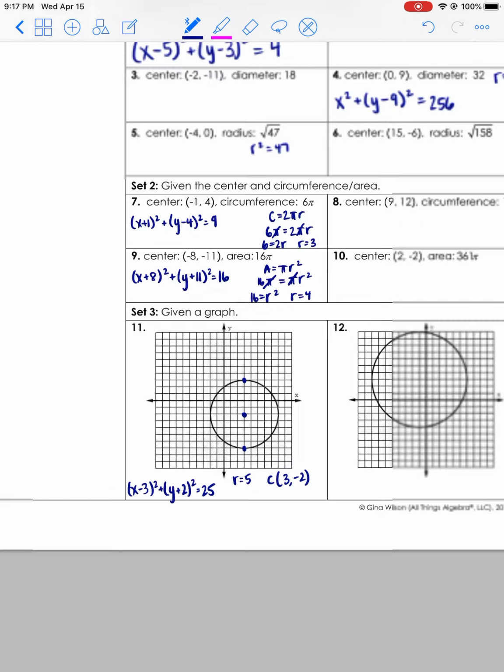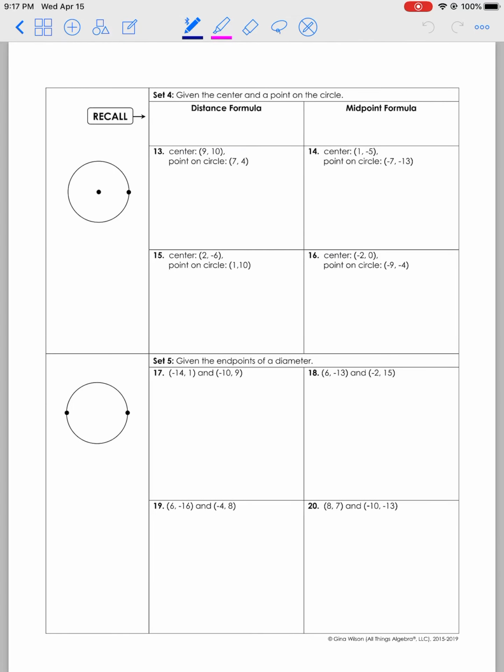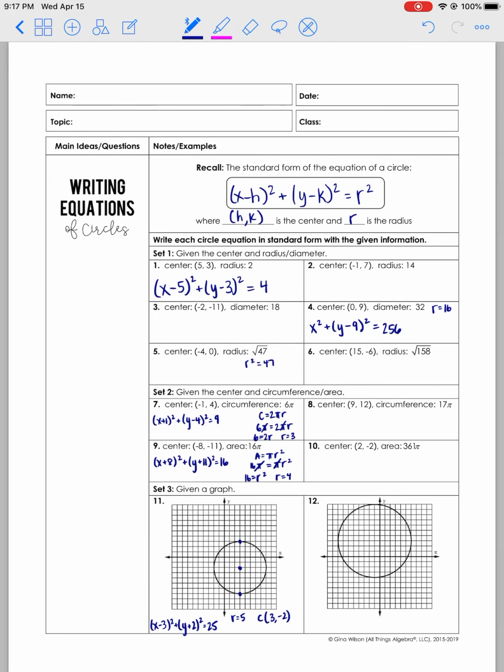And that is it. We're not going to do this next page with the distance and midpoint formula. This is quite literally everything that you need to know about circles in order to be prepared for 11th grade math.